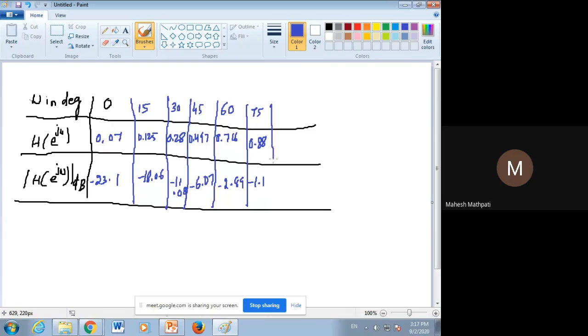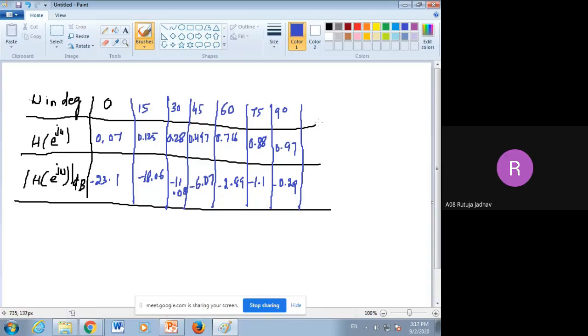And then at 90, it is 0.966, or else, okay, let me take it as 7. If it is more than 0.5, we will take the next value. Then at 90, the dB value is 0.29. Okay.